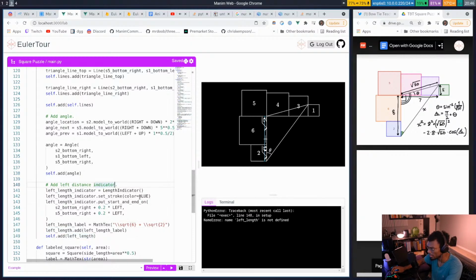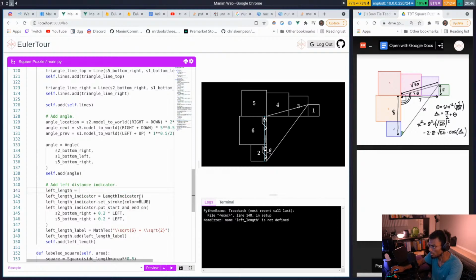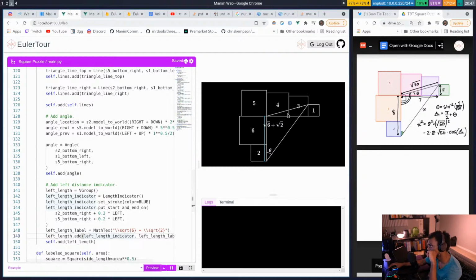Okay, so then I'll have left blank here. Then I'll have the indicator. Actually do it this way. The indicator, then the label. And left blank dot add. Both of those. I'll do it that way. Although now this needs to be positioned.